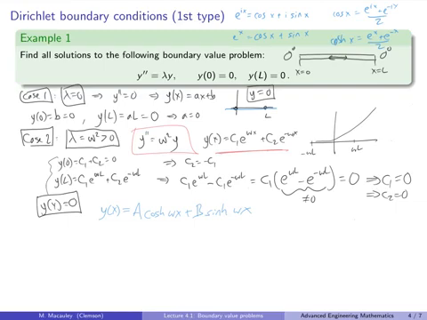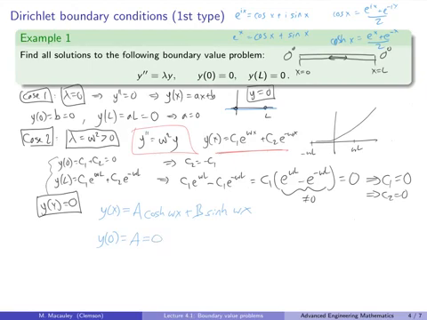Okay, so this is y of x. Let's plug in the boundary values. A great thing about sinh and cosh is at 0, they're just like sine and cosine. So y of 0, if you plug in 0, you get a times 1 plus 0, so you get a, and that's equal to 0.